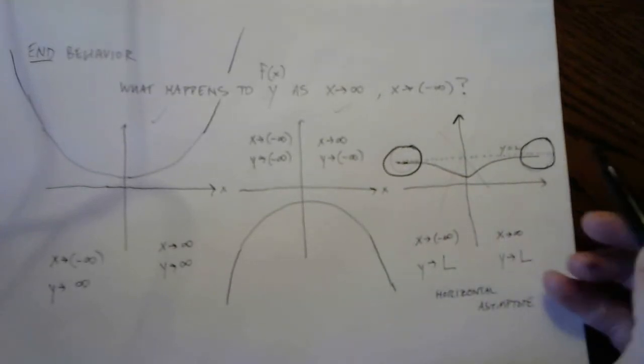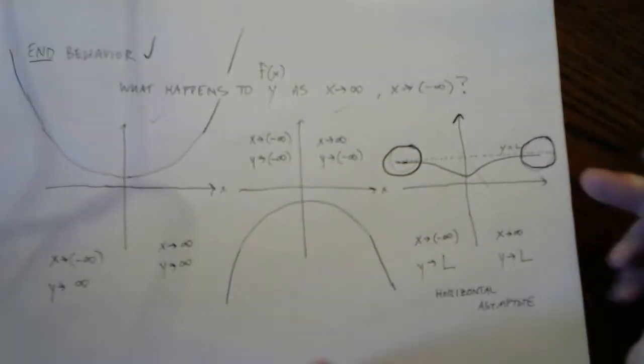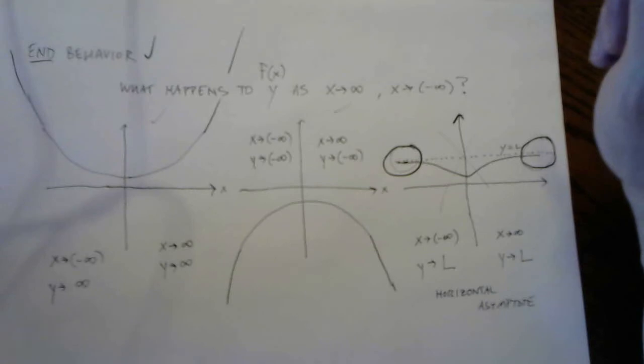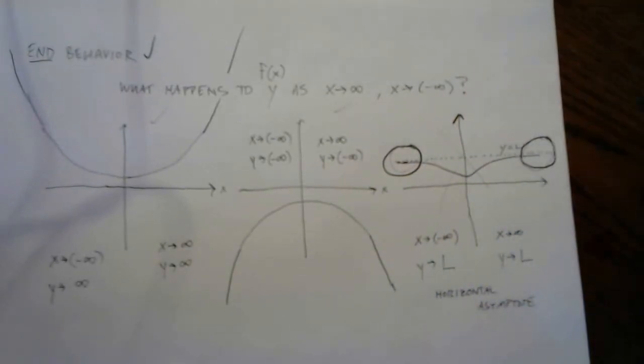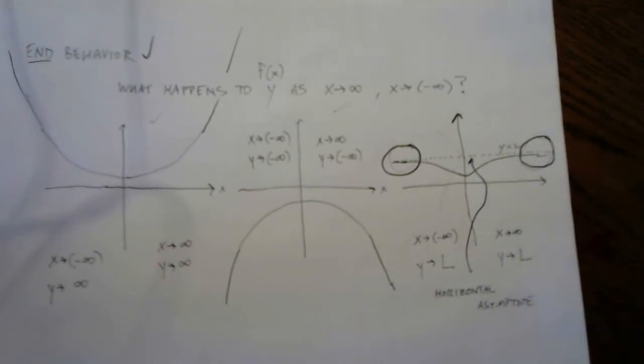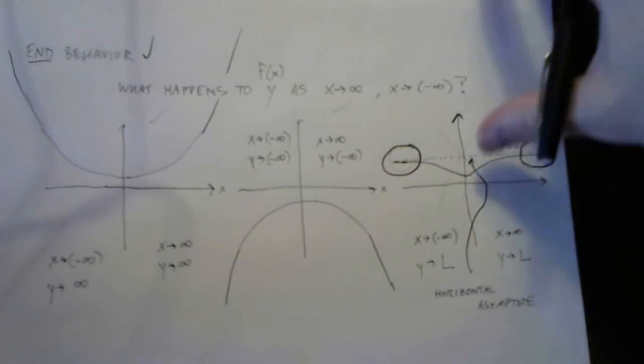So this is describing what's happening away from the origin. This horizontal line we're going to call a horizontal asymptote. And we approach here, we approach here. So the big question is, how do we find them? And we have a nice little shortcut.